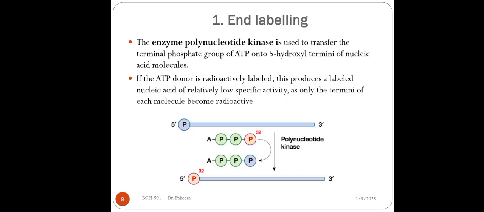The first one is end labeling. For end labeling, we use a special enzyme known as polynucleotide kinase. I have discussed with you earlier that kinase is the enzyme responsible for the transfer of a phosphate molecule from a donor phosphate molecule to an acceptor molecule.